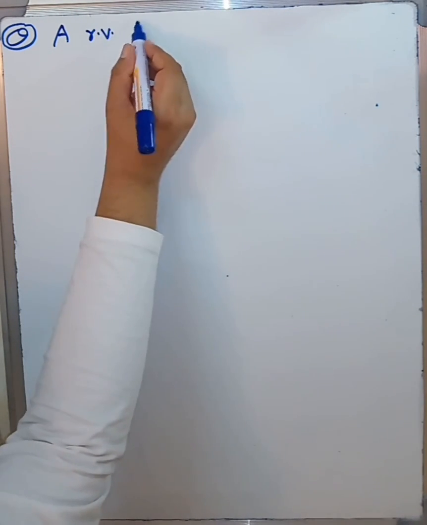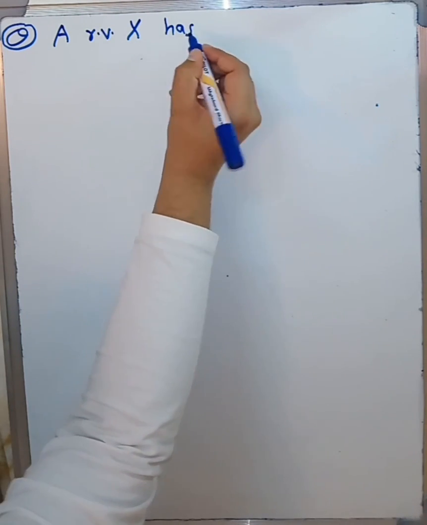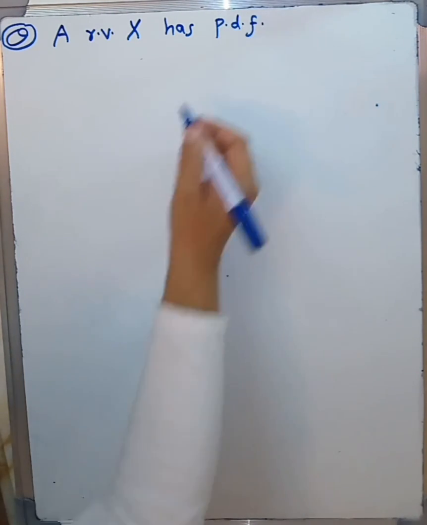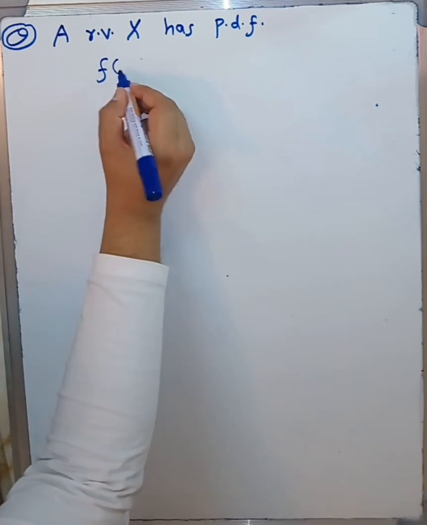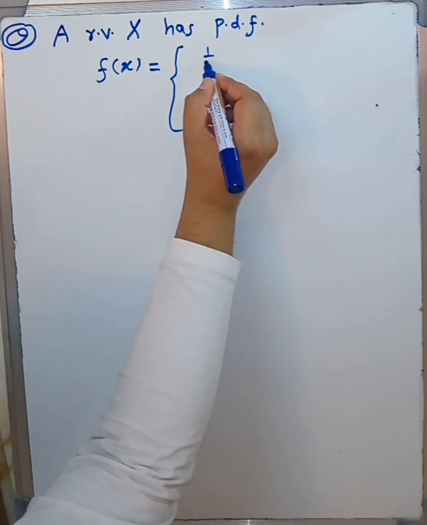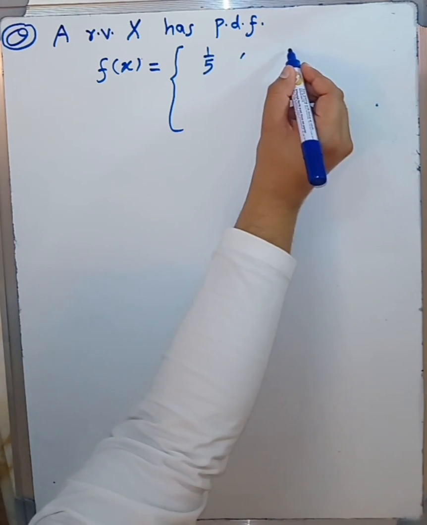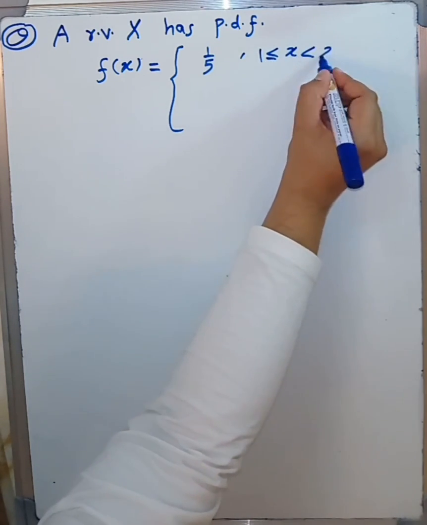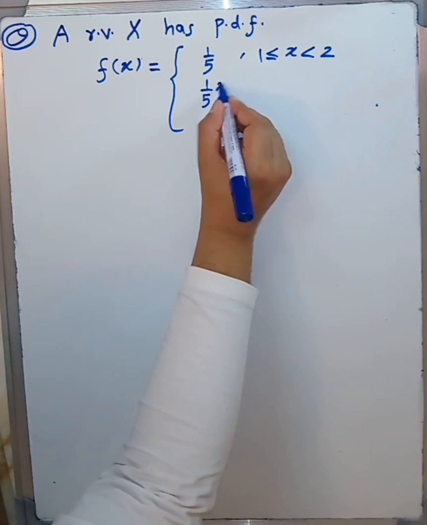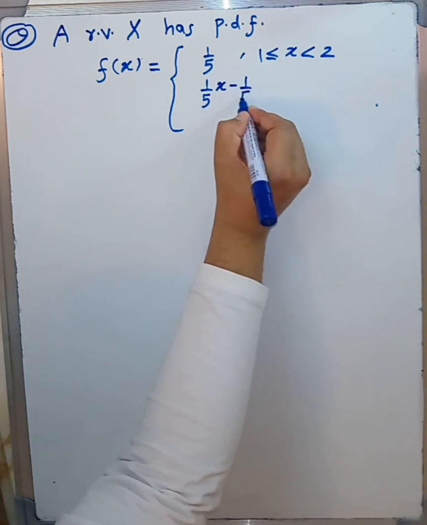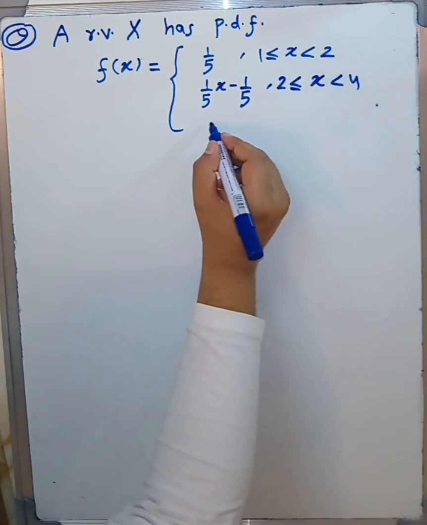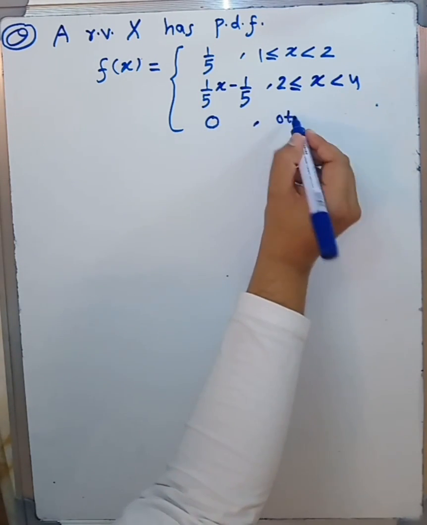A random variable X has probability density function PDF f(x) equal to 1/5 when x lies between 1 and 2, f(x) equal to x/5 minus 1/5 when x lies between 2 and 4, and f(x) equal to 0 otherwise.